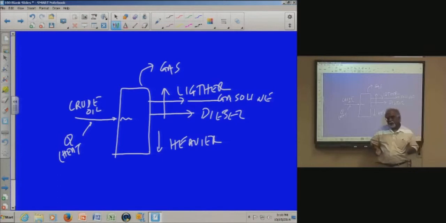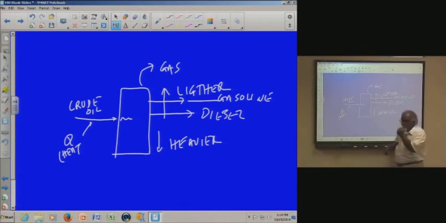So the important thing about distillation is heat, and then based on the thermal properties of the hydrocarbons, they separate in the distillation column according to how heavy or how light they are. And so we can capture different types of hydrocarbons at different parts of the column.